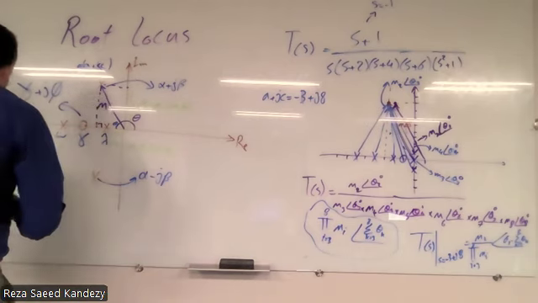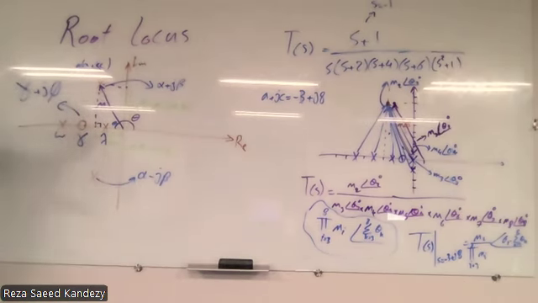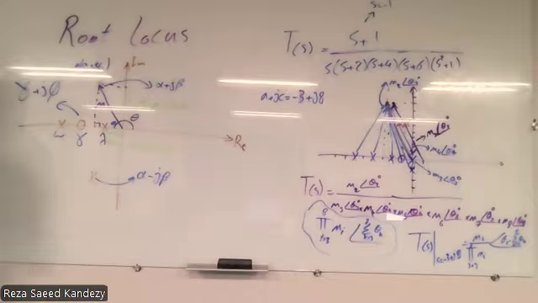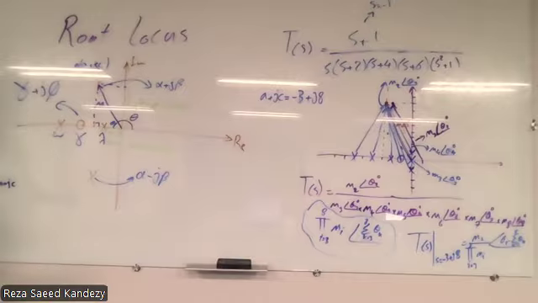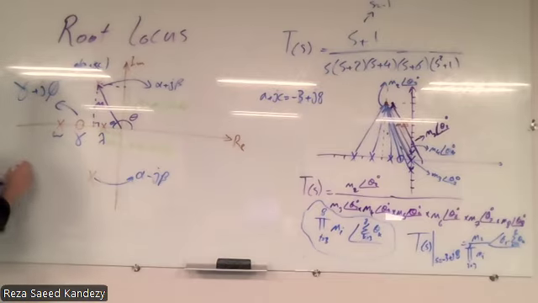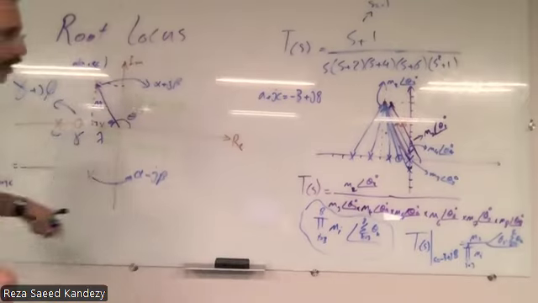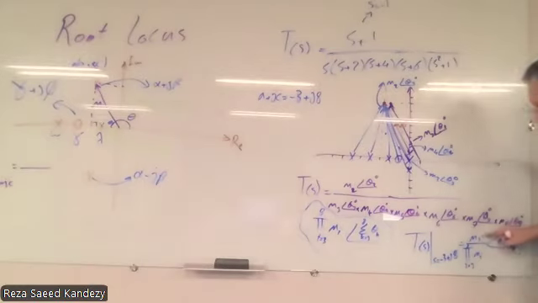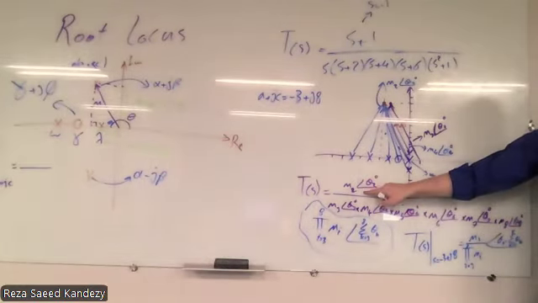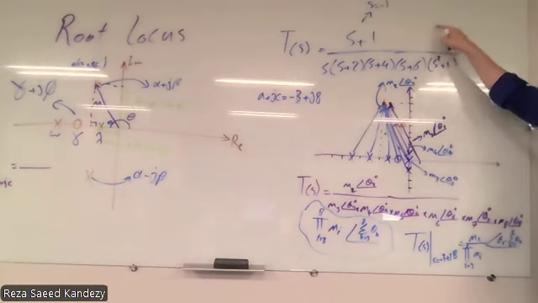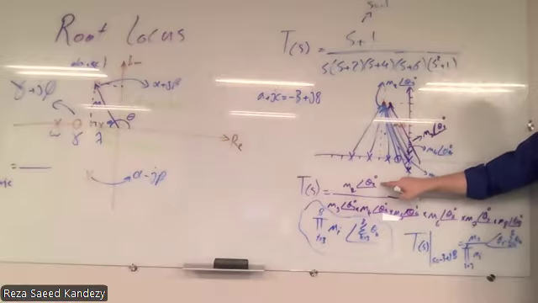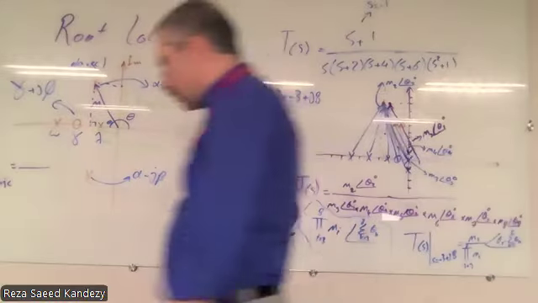Now, the general formula we can write is the T of S when S is A plus JC can be shown by whatever we have here in a denominator, the multiplication. We can have several zeros. If we have several zeros here, we have the same situation here.